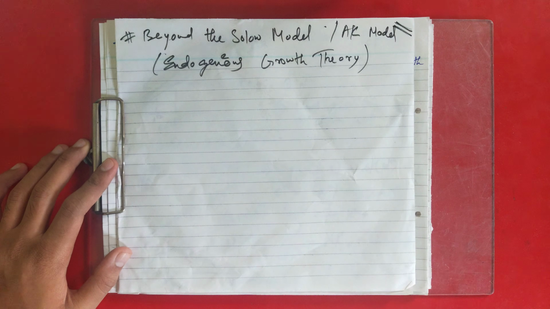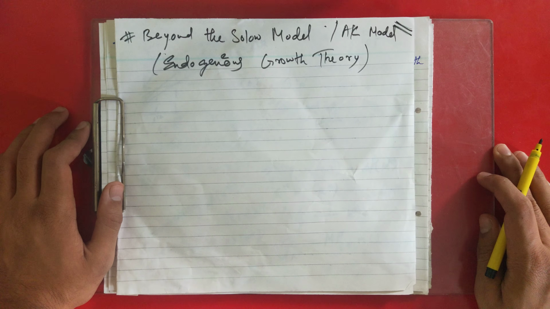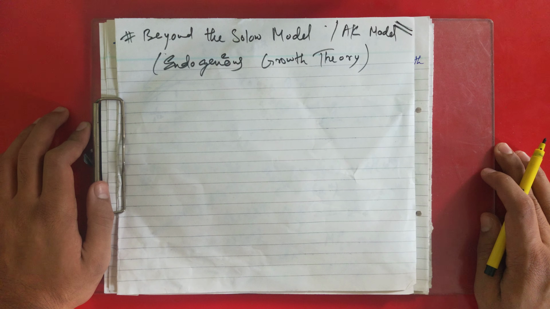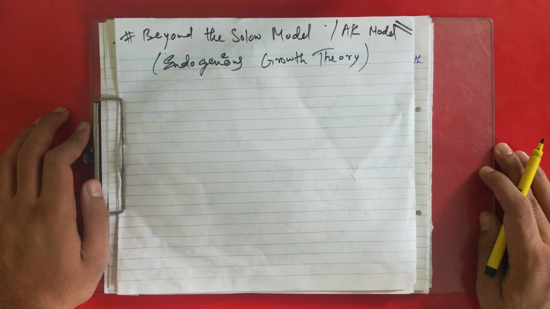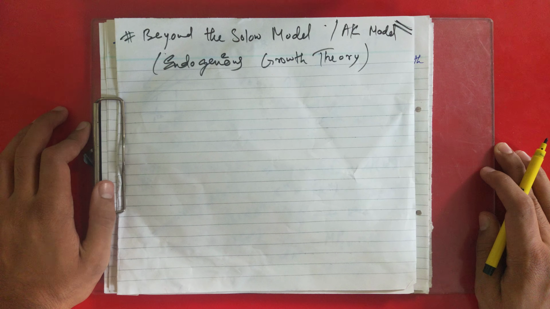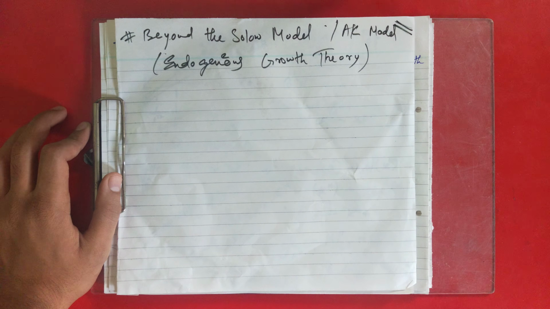So what happens in this is it says that the factors determining economic growth are endogenously determined, rather than exogenously given. In the Solow model, the factors that were determining economic growth were exogenously already given to us, but in this model it will show us where those factors come from and how they are determined.